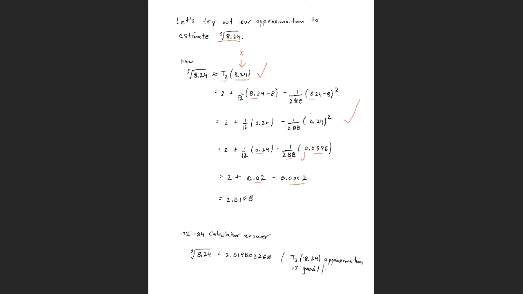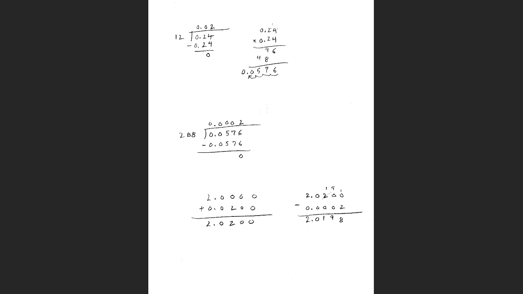Just so I'll show you, I'm going to show you this next page. I'll come back to this, but here's the next page where I actually did all the computations needed to compute the second degree Taylor polynomial at x equals 8.24.